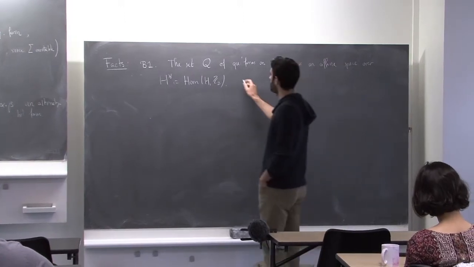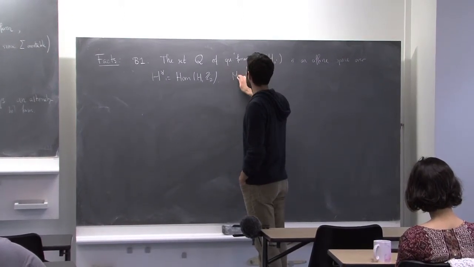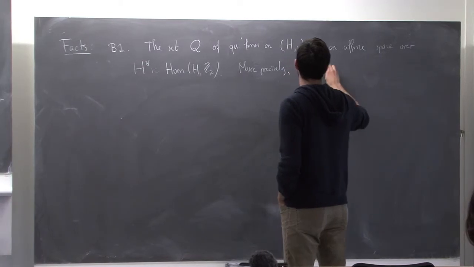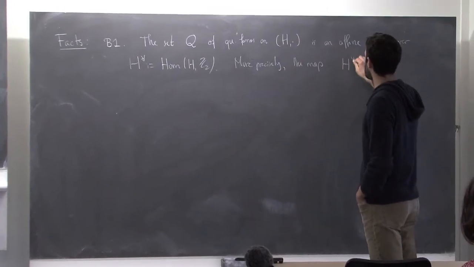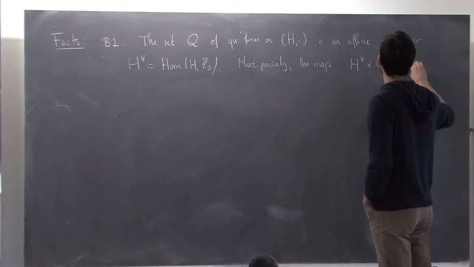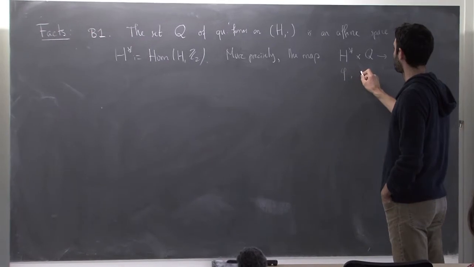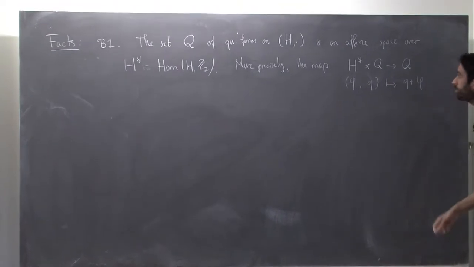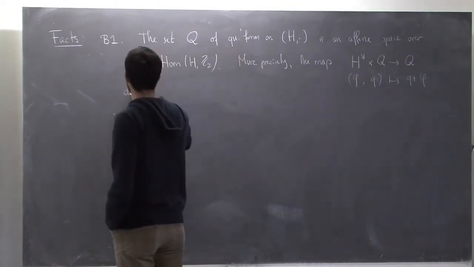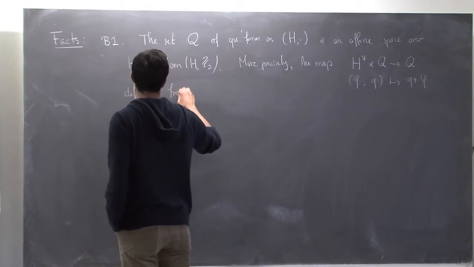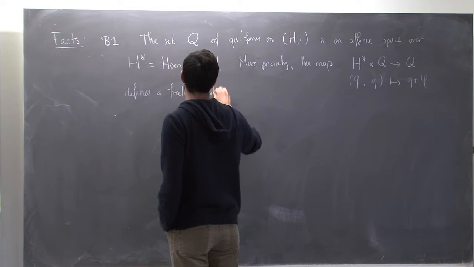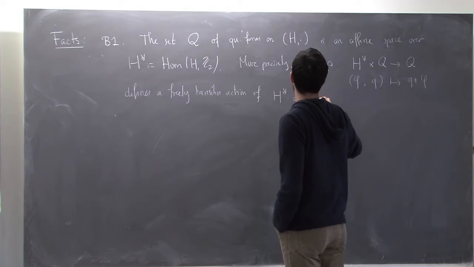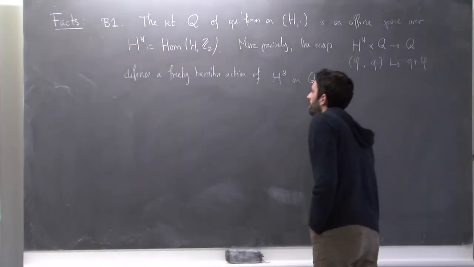What does this mean? Or more precisely, the map given by this defines a freely transitive action of the vector space H star on Q. And again, what does this mean?